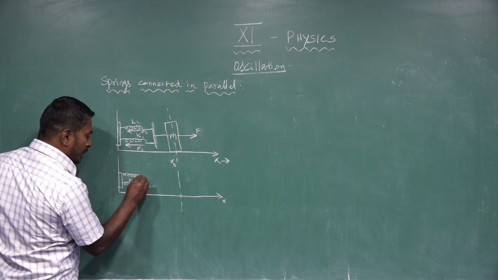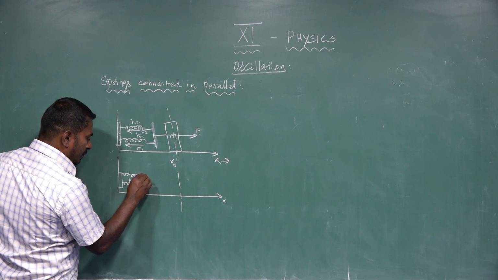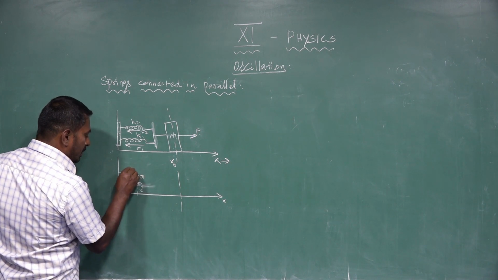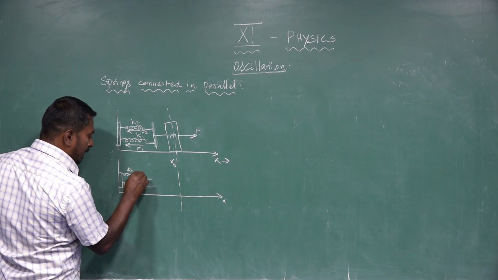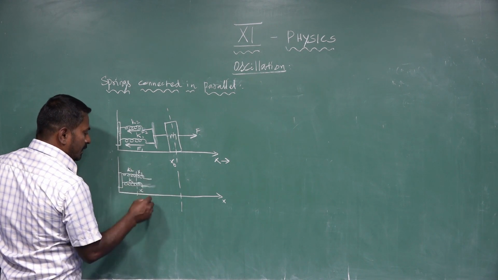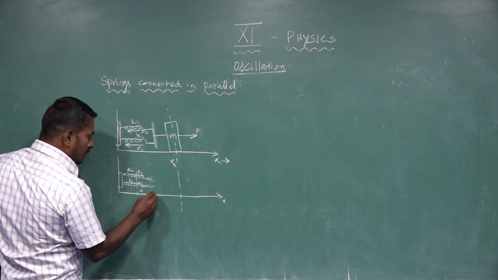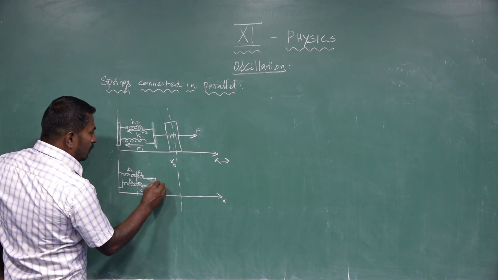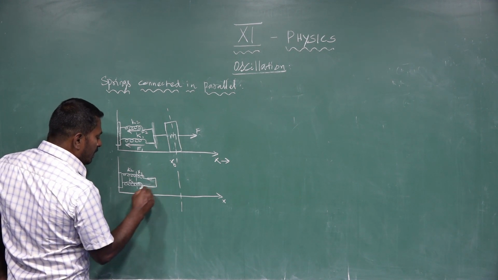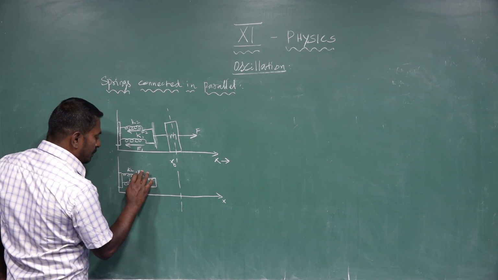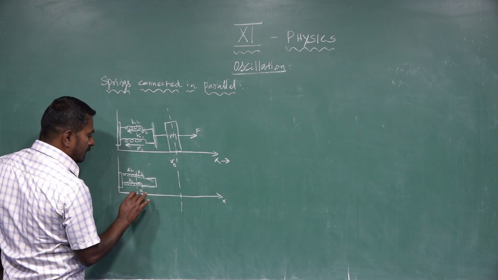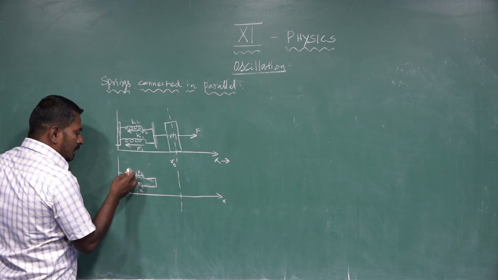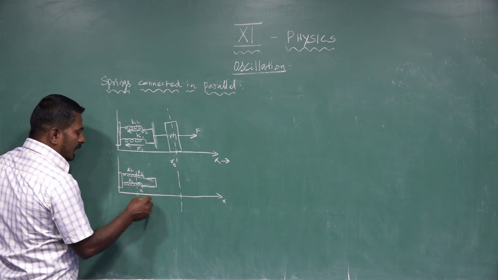The extension is produced with the spring constant k2 with the same extension x. In both springs, the extension is produced with the same x, with the different spring constants k1, k2.